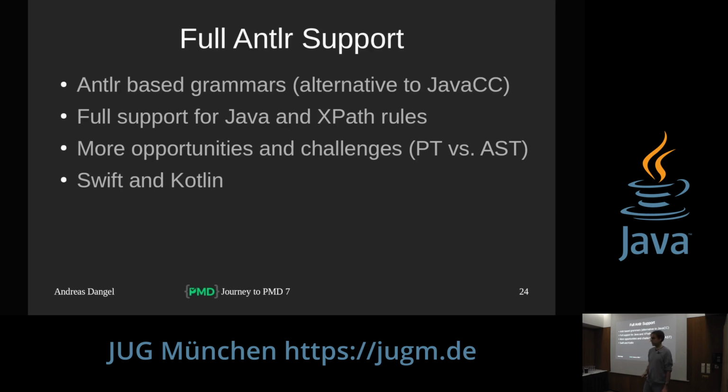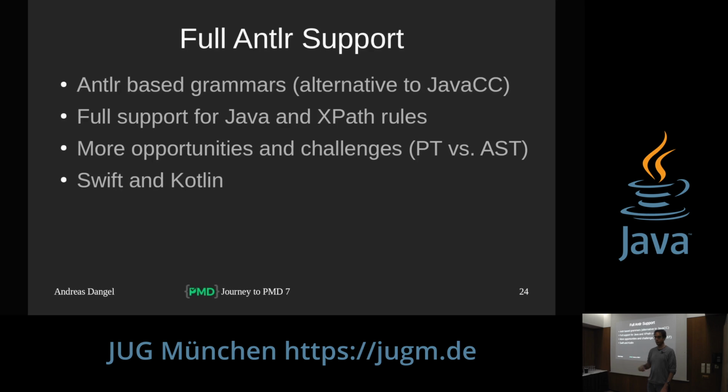With that, we now got support for Swift and Kotlin, but that's not really ready to use yet. We have opportunities now that it's easier to add new languages with an ANTLR grammar, because grammars for ANTLR are usually more available than JavaCC. But there are more challenges we figured out, because ANTLR by default only produces a parse tree, and you need some effort to actually convert this into a more abstract syntax tree.